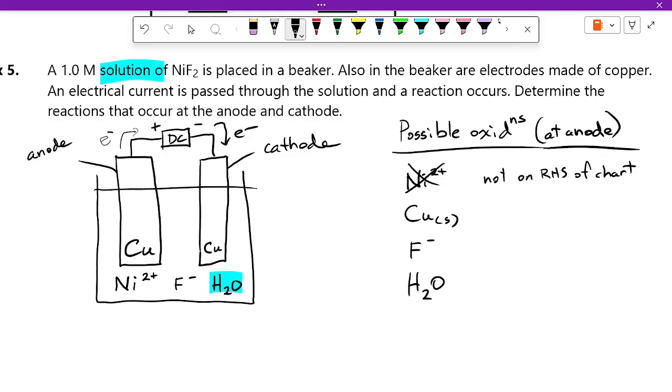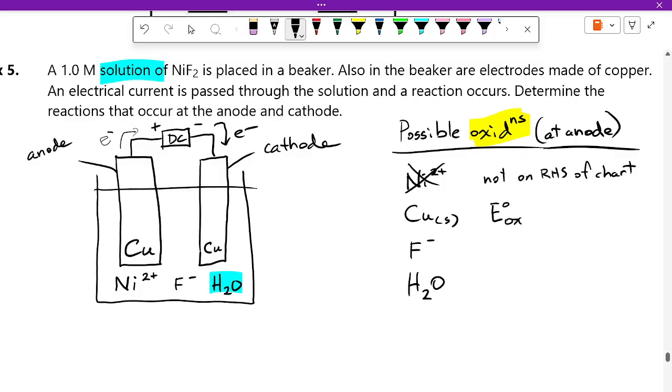What would I do with these other 3? These are oxidations, so what would I want to look at? I would want to look and see what their oxidation potentials are.